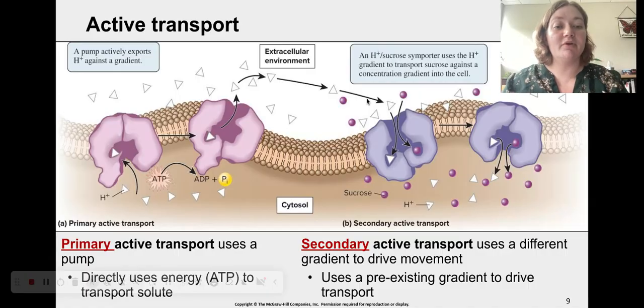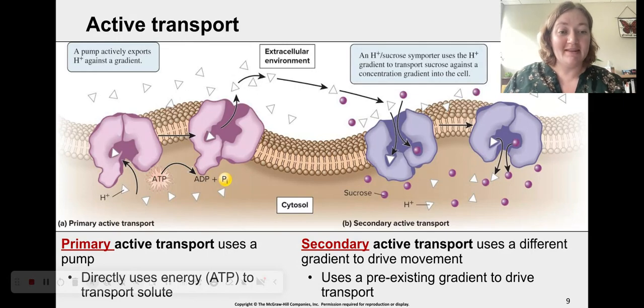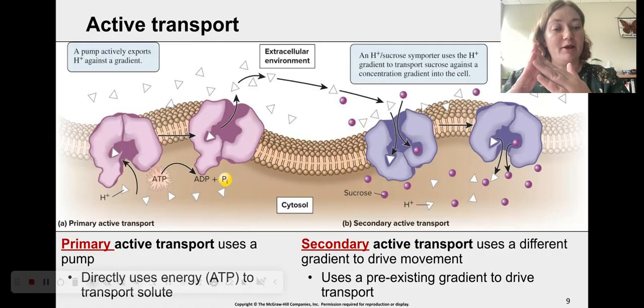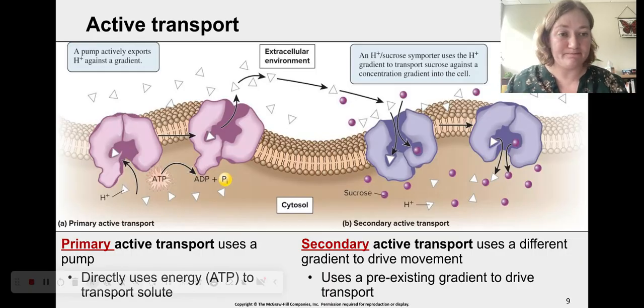So because it's moving with the gradient, it will cause this protein to change its shape, right? Now, because there's also sucrose bound, and sucrose is going against the gradient, when it changes its shape, sucrose will be let out against its gradient using this secondary active transport process.